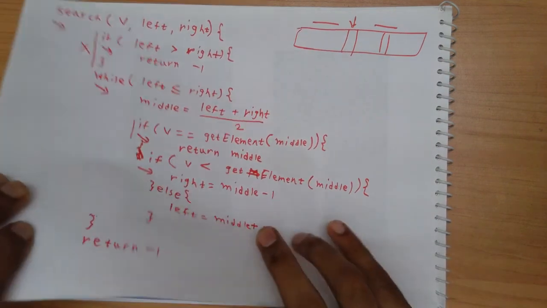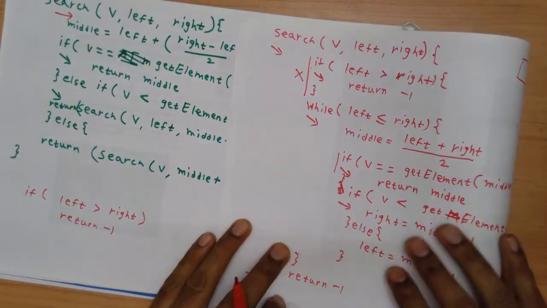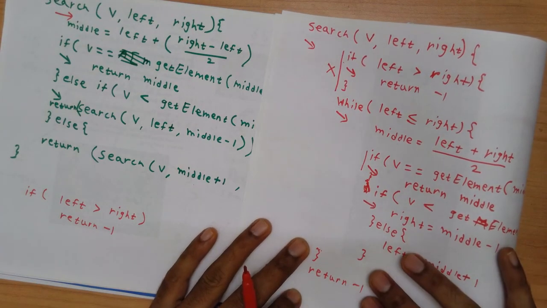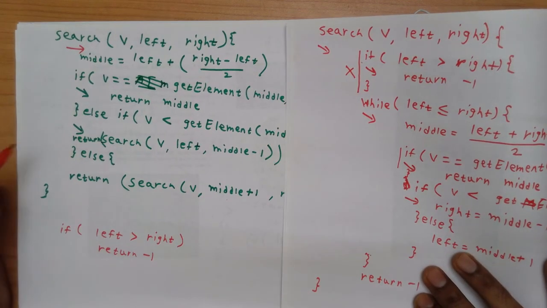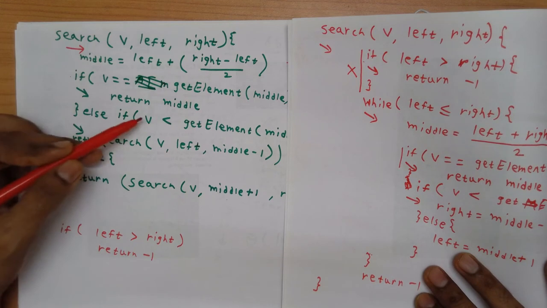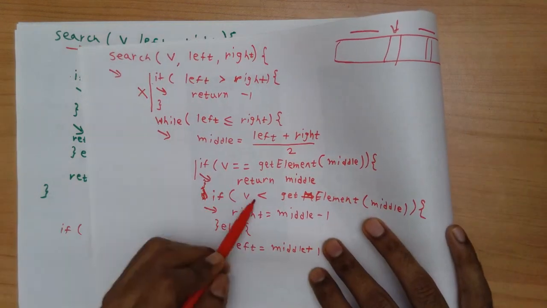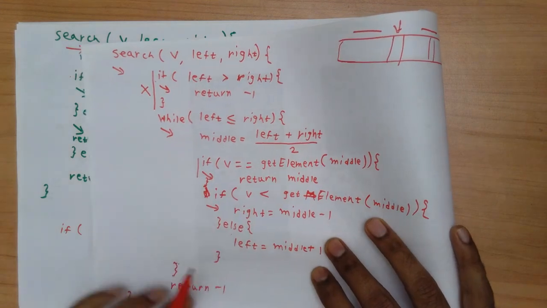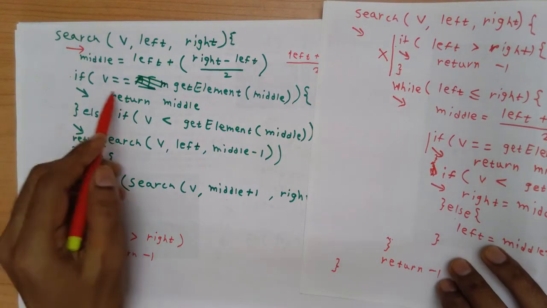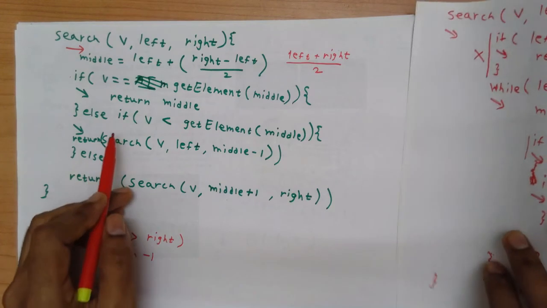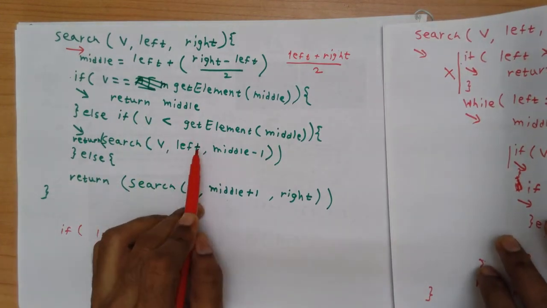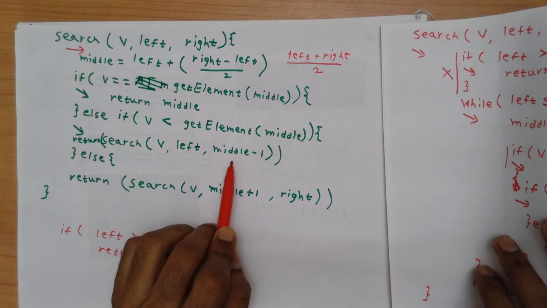Let's compare this against our recursive algorithm, because we are not changing the algorithm, we are just changing the implementation. In the recursive implementation we have 3 cases: equal to, less than, and greater than. Here also we have 3 cases. In the recursive algorithm, if it was equal, we returned the index. Here if it is equal, we return the index. In the recursive method, if the value we are searching for is less than the middle, we search in left to middle -1.